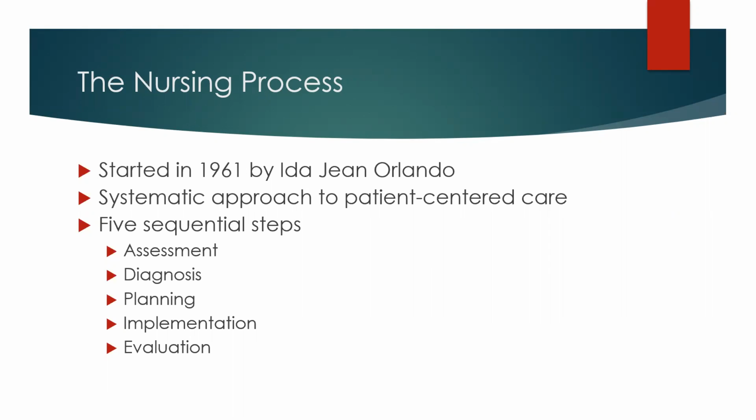Specifically, her work in psychiatric care made it essential that a collaborative relationship must exist between the patient and the nurse in order for any work to get done. The 5 sequential steps that she discusses in her deliberative nursing process theory are assessment, diagnosis, planning, implementation, and lastly, evaluation.